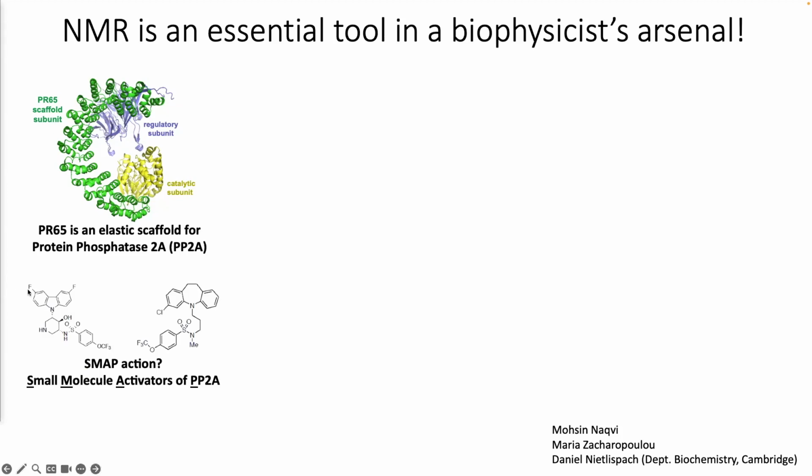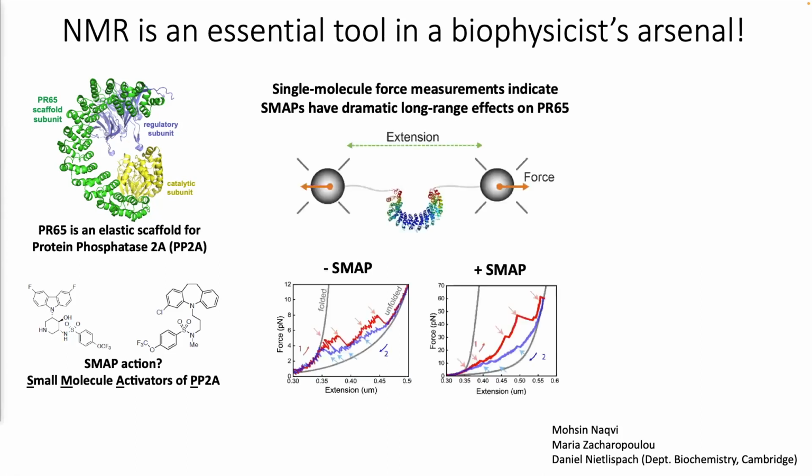A number of small molecules have been identified. These are small molecule activators of PP2A, SMAPs. There's some data in cell-based phenotypic assays that they're activators, but the mechanism of action is completely unclear. And we've been using a range of techniques, including single molecule optical tweezers, to look at the force response of PR65. As I said, it's an elastic repeat protein.